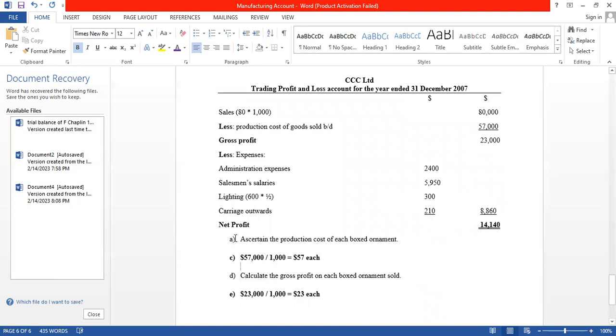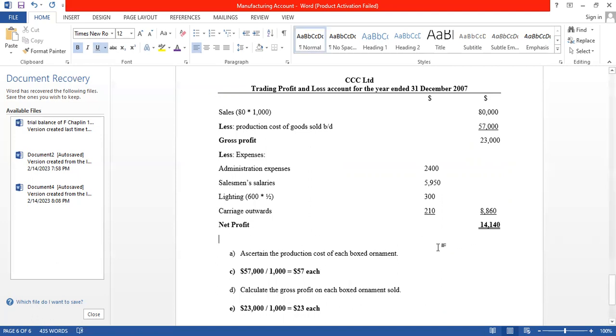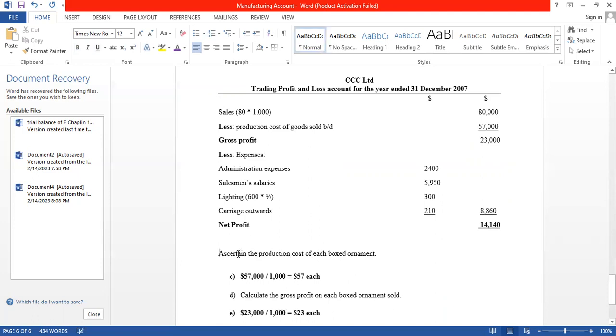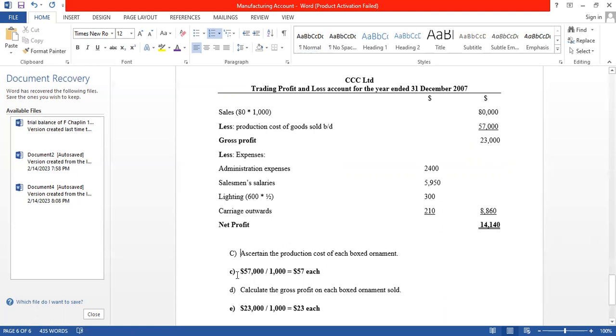So C says to ascertain the production cost of each boxed ornament. So that's what we're doing. This is the answer for C, right?